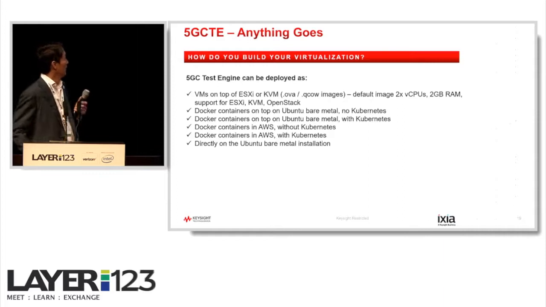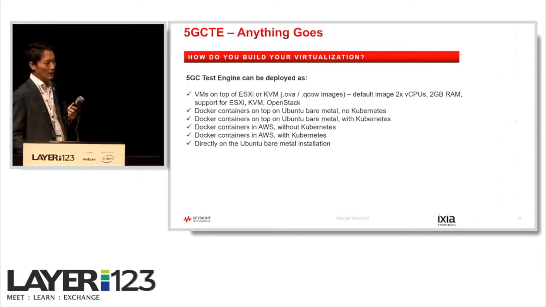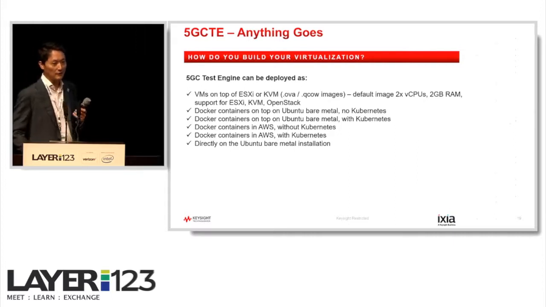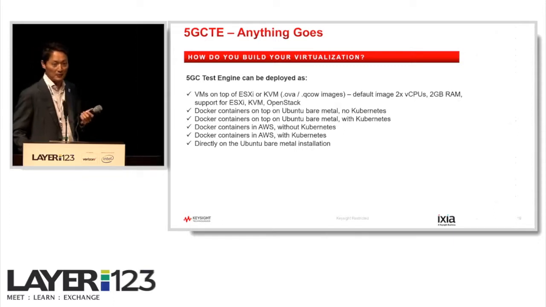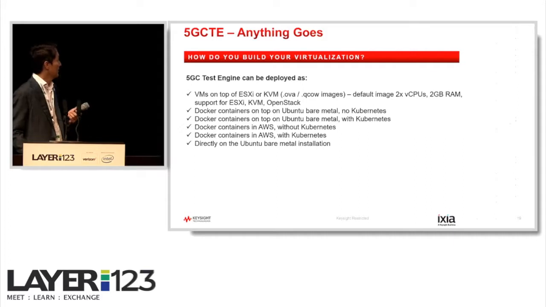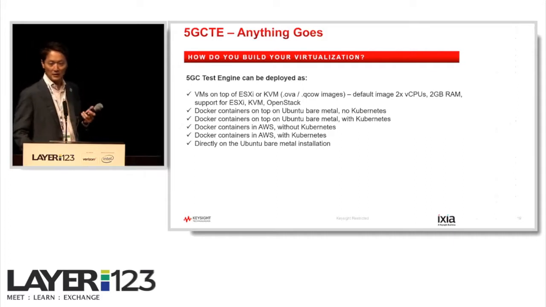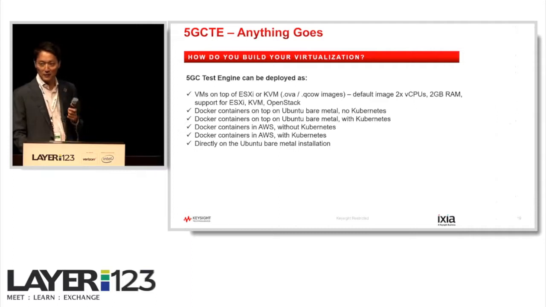And as for how the 5G core testing engine is deployed, it's actually very flexible. You can run as a VM on the environment of your choice, or you can run as a container under Linux, or you can run as a container inside a Kubernetes pod if you have the requirement for that.